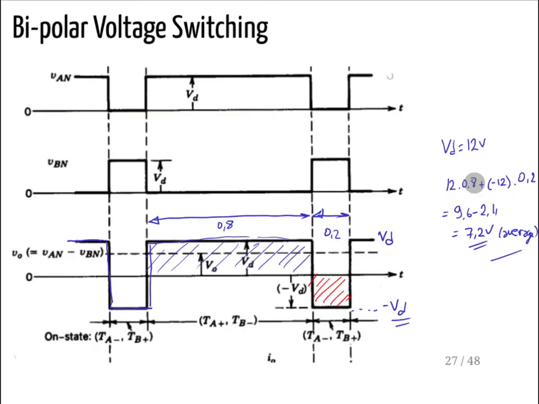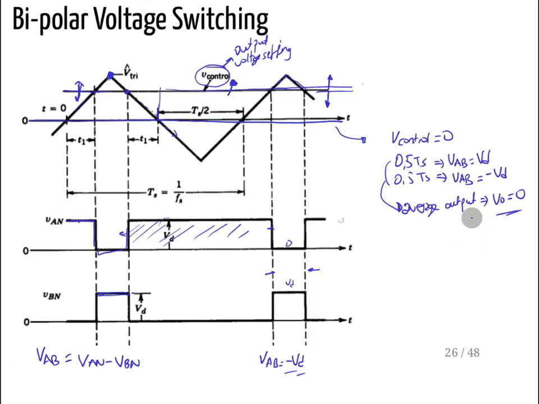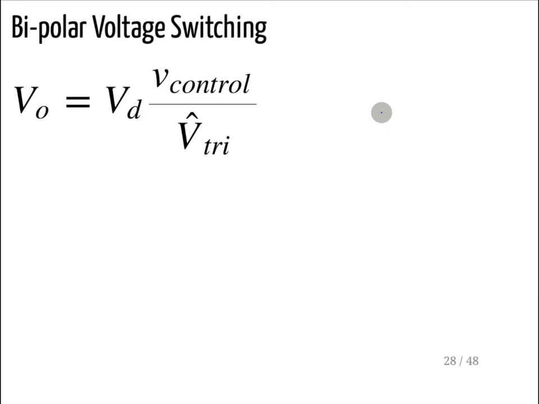For example, if you apply 7.2 volts, with the same scalar value, you are generating that analog control signal and comparing it to the triangular waveform, and then you end up with 80% positive voltage, 20% negative voltage, so you generate that output voltage.